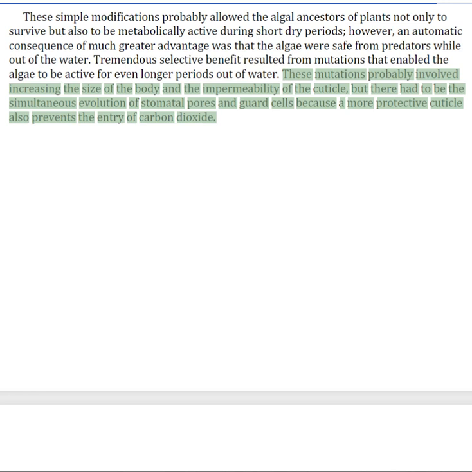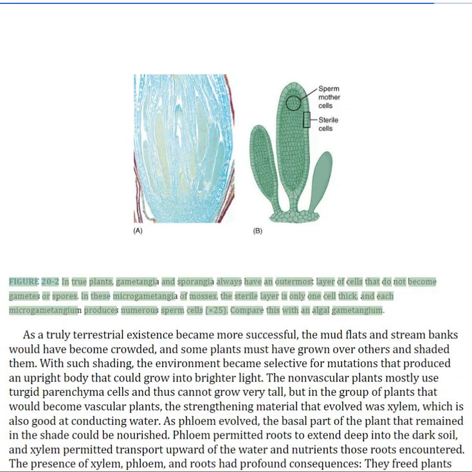These mutations probably involved increasing the size of the body and the impermeability of the cuticle, but there had to be the simultaneous evolution of stomatal pores and guard cells because a more protective cuticle also prevents the entry of carbon dioxide.